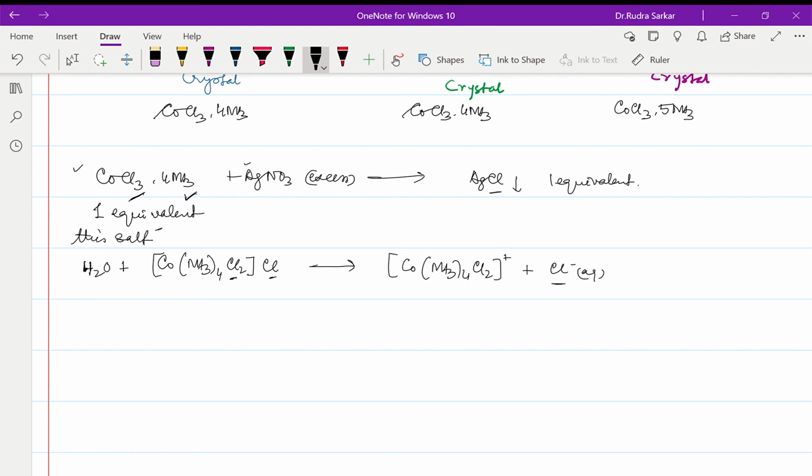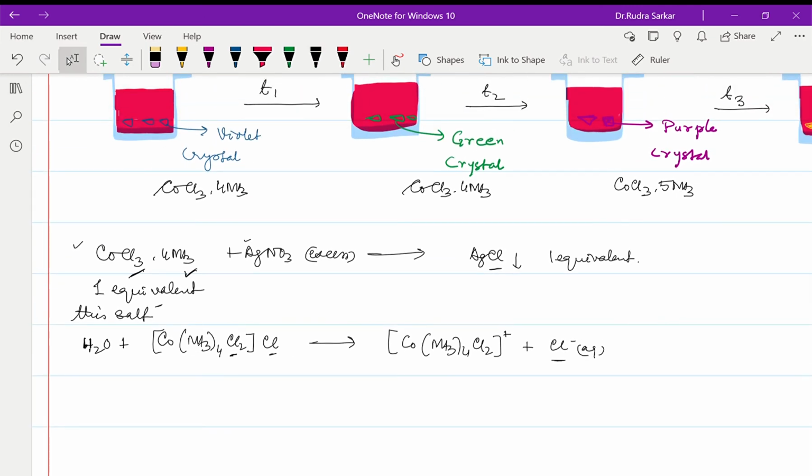Now suppose, he did this test for this one and he arrived that this should be the formula for this particular violet crystal. So the things that he had written before like this, after this experiment, he got only the test of 1 chloride ion, so he came to this conclusion.